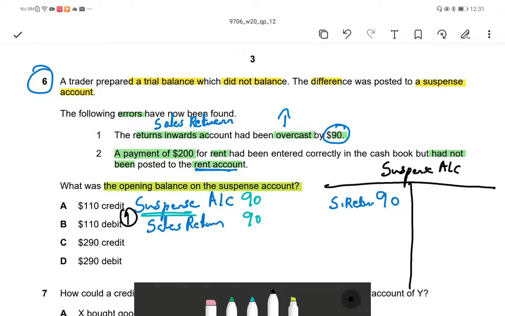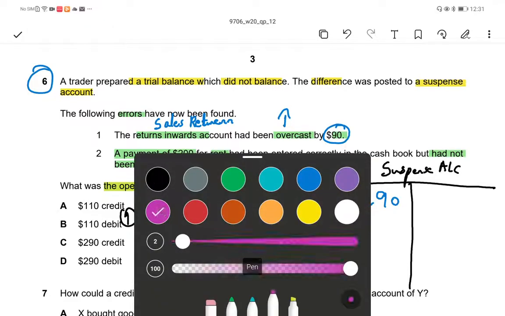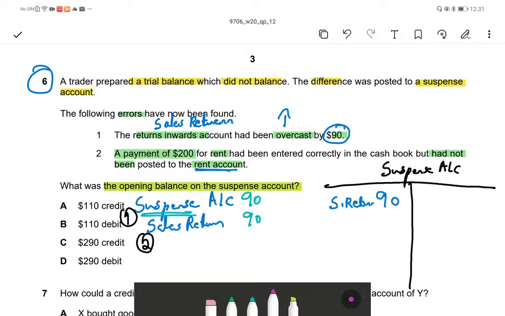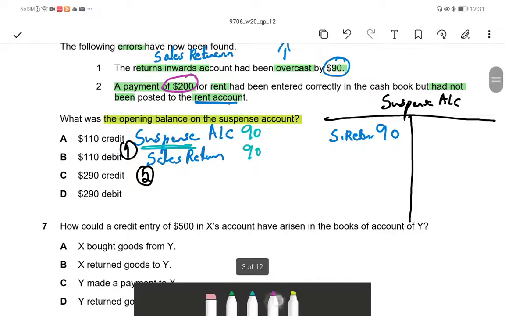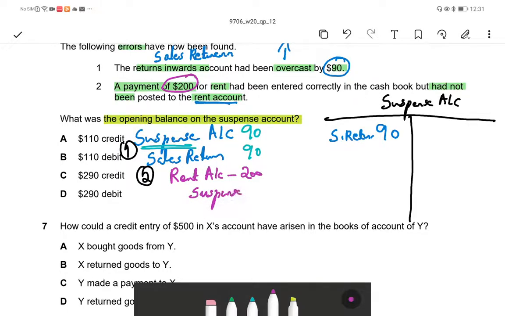So we have to do the second journal entry, a correction entry: rent account debit 200, credit suspense account 200.